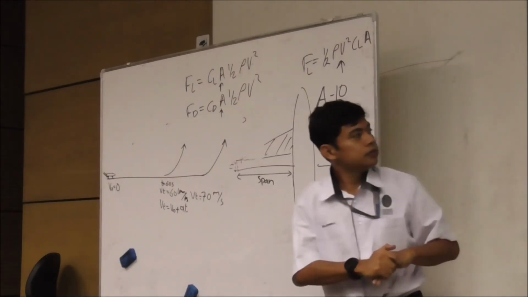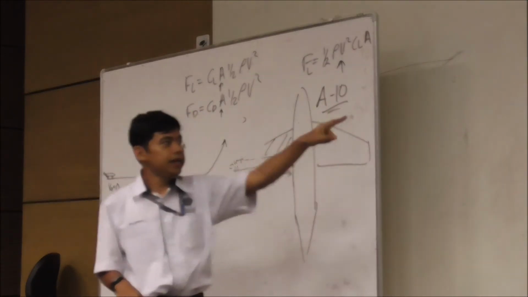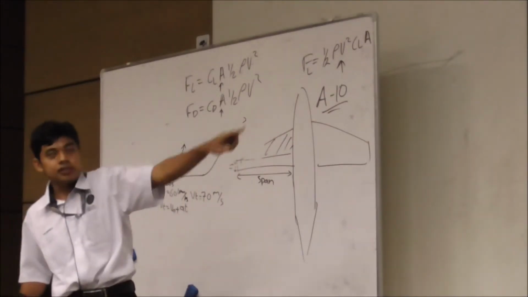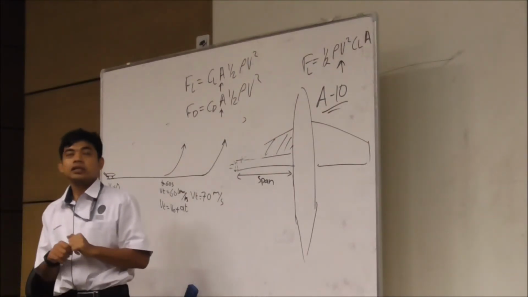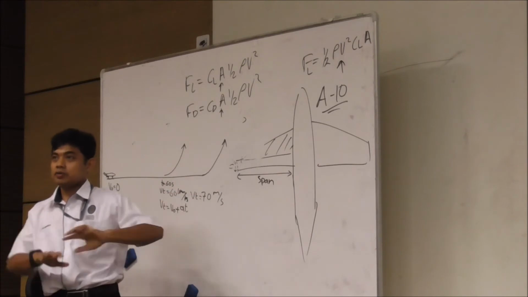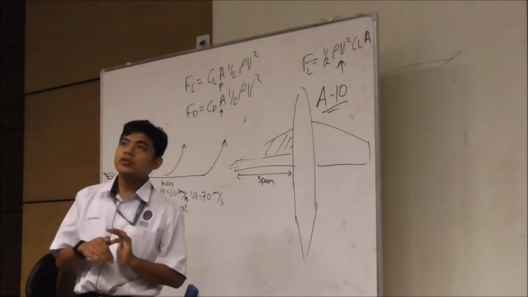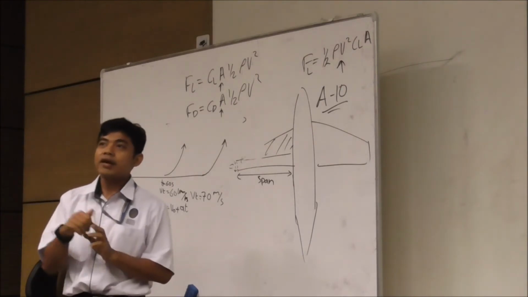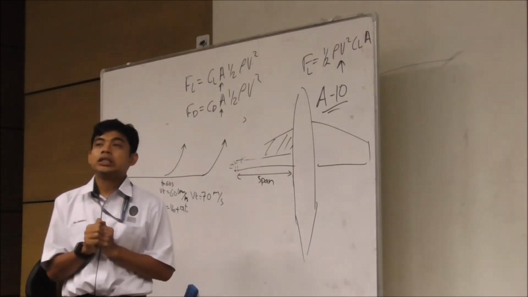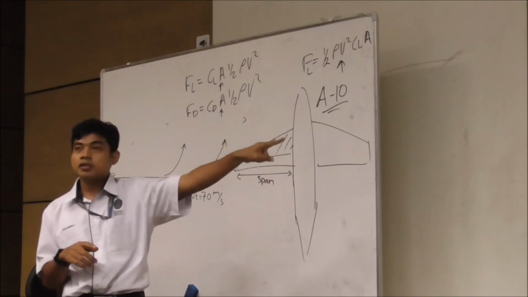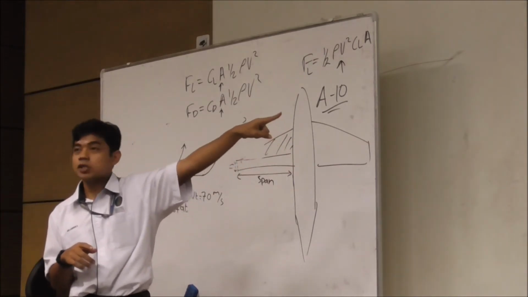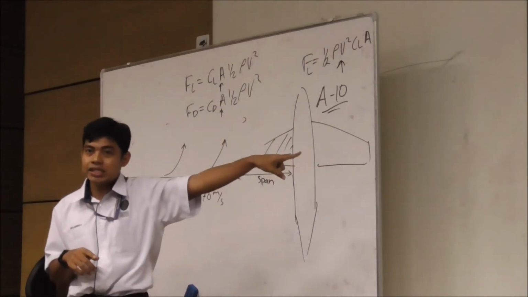And as far as I know, the only aircraft that has a double slot is this, Boeing 747. It's out of production now. The A380 uses a single slot, but the wing area is bigger. You know why the 747 has a double slot? Because when it was built, it was in the 1960s.